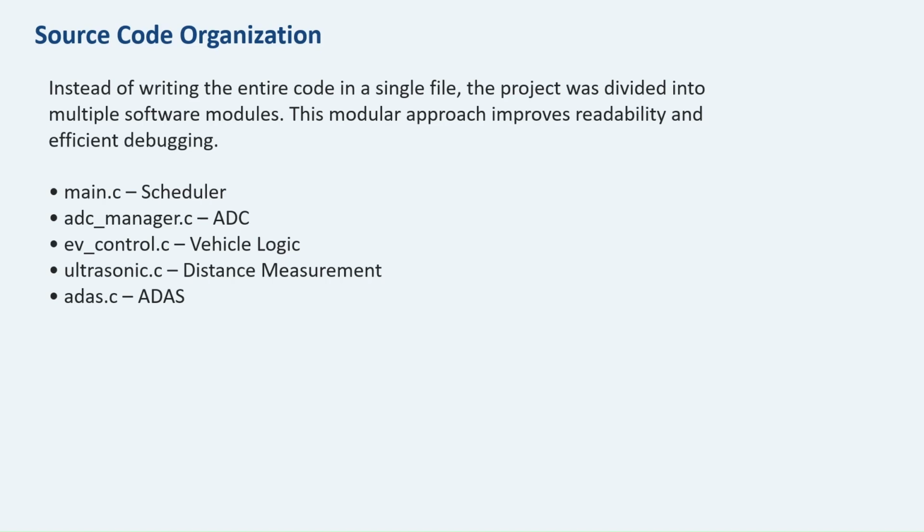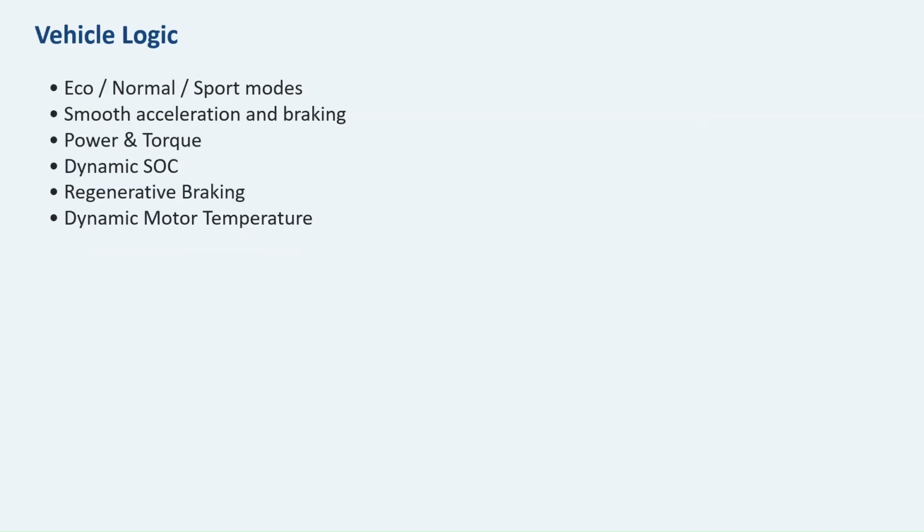Then ultrasonic: it generates trigger pulses, measures the echo pulse using timers, and calculates the obstacle distance. Then ADAS generates safety warnings like collision warning, blind spot detection, speed warning, high temperature warning, and fault conditions, all those things.